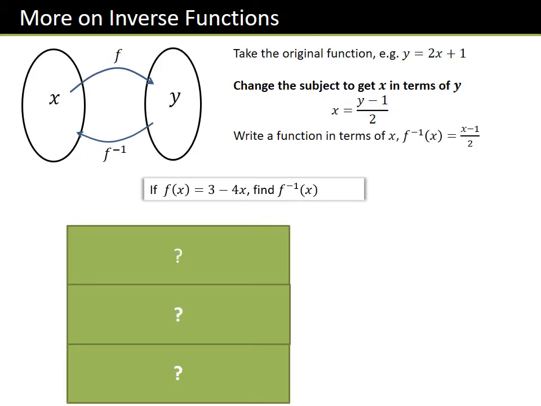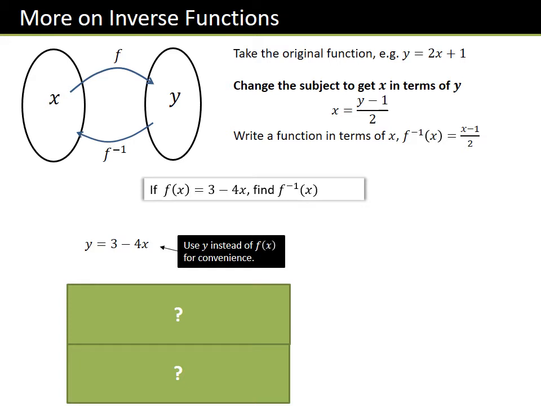So let's look at a few examples. At the top of this slide, I've placed a summary of the last slide. So if f of x is 3 minus 4x, find the inverse function. The first thing we do is we write y down instead of function notation. And that's just for convenience. We're not doing it for any other reason.